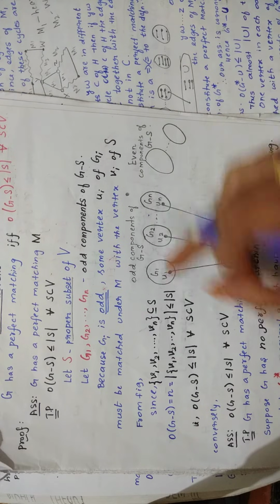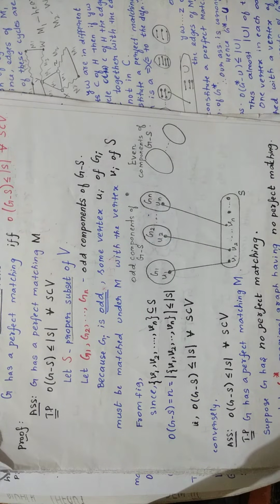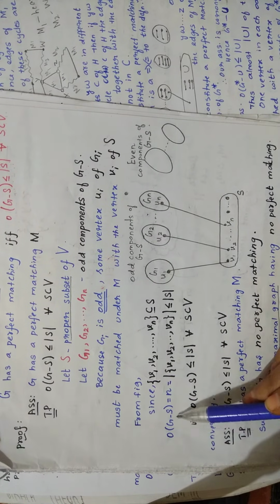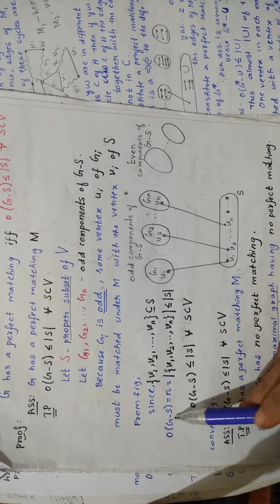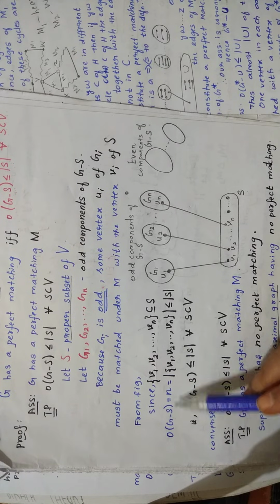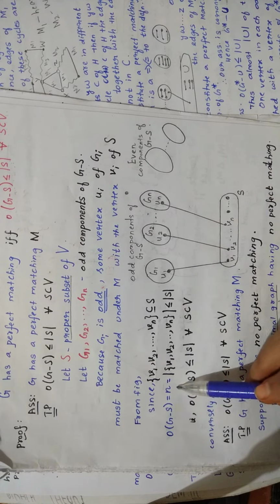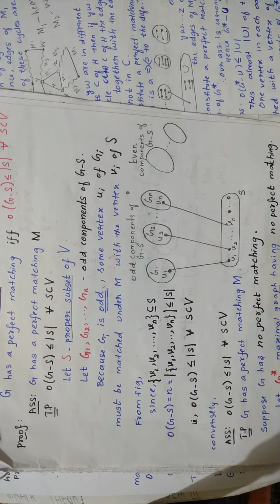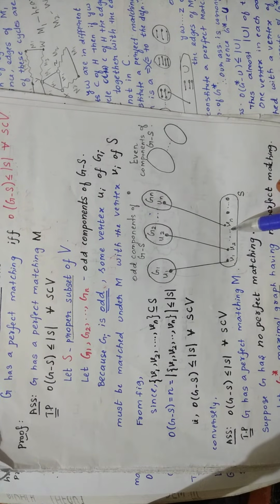So n odd component graphs are there, and the number of odd components of G minus S equals n.